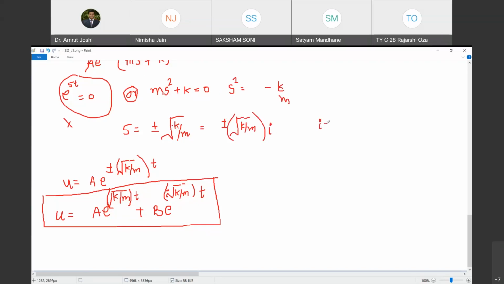Because i is equal to square root of minus 1. Are you with me? Yes, sir. So I have to introduce i here. So it is a complex number. So my plus root k by m ti or minus root k by m ti. Are you with me? Saksham?